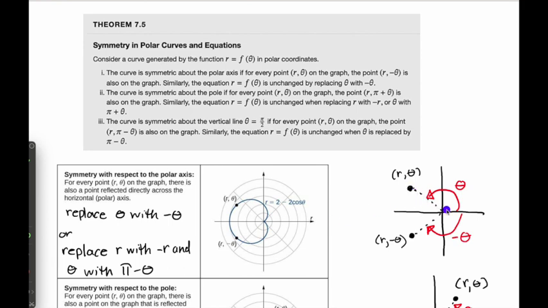So in other words, if I swing open theta in the positive direction and I come out r units along the radial axis, I should have that same point on the other side of that horizontal axis by swinging open in the negative direction for the angle and still coming out to a positive value of r. So these two r's would be the same.